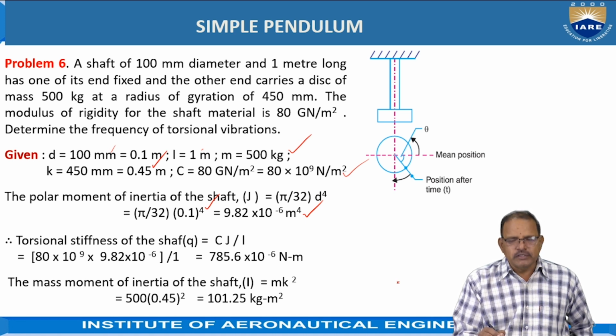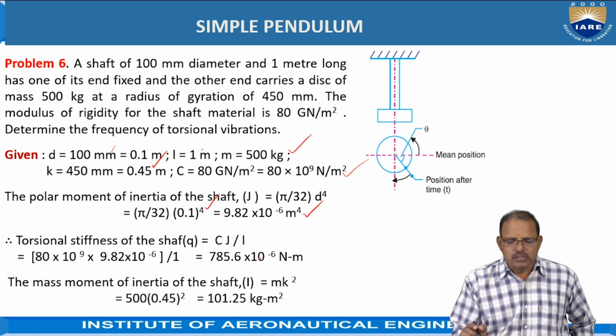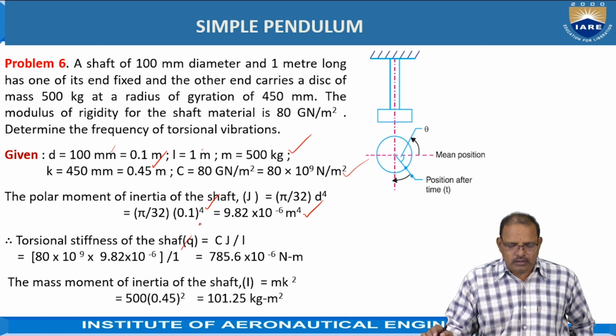The torsional stiffness of the shaft is equal to q is equal to CJ by L. So it is equal to 80 into 10 to the power of 9 into J, which is 9.82 into 10 to the power of minus 6, divided by L, which is given as 1.